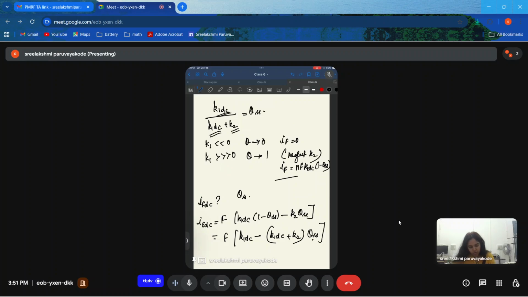So substituting for theta SS, it becomes K1 DC minus K1 DC by (K1 DC plus K2), times theta SS is K1 DC plus K2 theta SS. So basically what I meant is if theta SS is given, you can calculate like this, you can substitute it back.